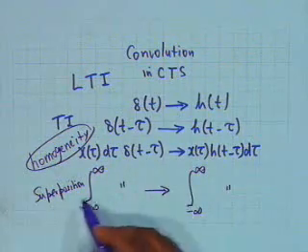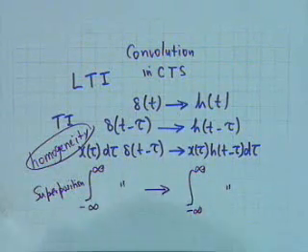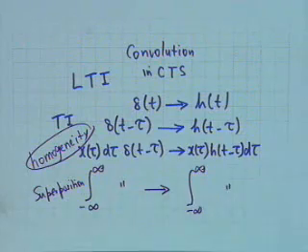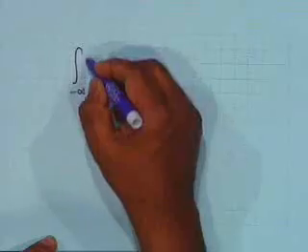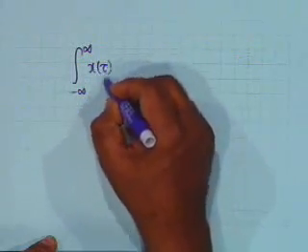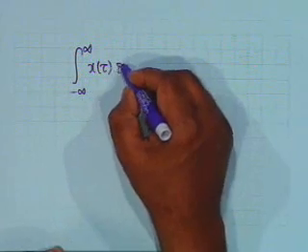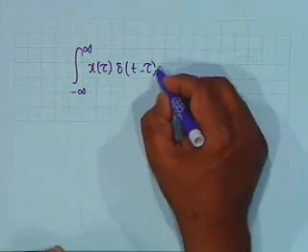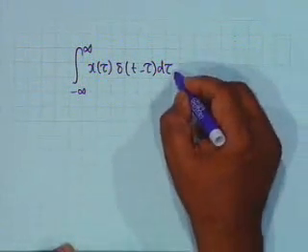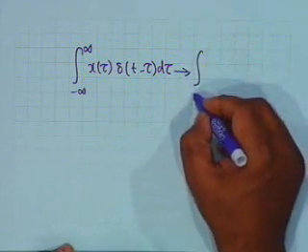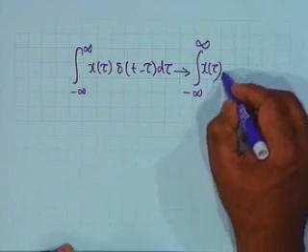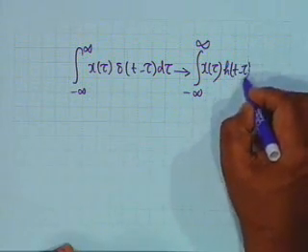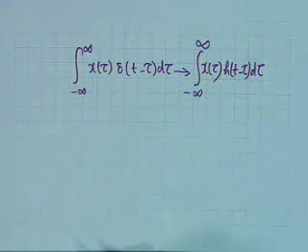So if this integral is the input, then the output should be equal to this. Now if I write it again, integral minus infinity to plus infinity, x of tau delta t minus tau d tau, this should lead to integral minus infinity to plus infinity, x of tau h of t minus tau d tau.